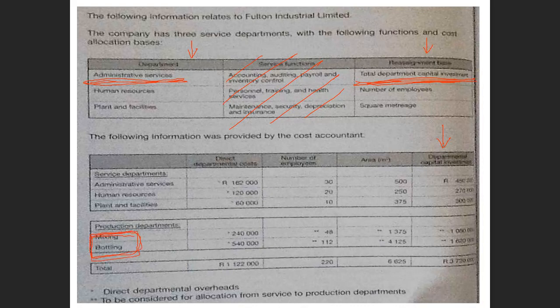So here is mixing and bottling right at the end. Its respective amounts from the last column are 1,080,000 for the mixing department. And for the bottling department, it is going to be the 1,620,000. So it's only looking at the figures applicable to mixing and bottling because those are the two departments that are going to be allocated the cost.